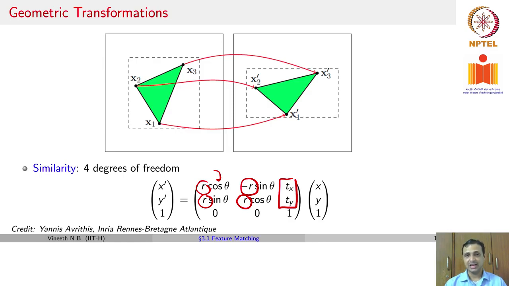When we say size or scale, remember, it would correspond to zoom in or zoom out in terms of the camera parameters. So now you have r, theta, tx and ty, 4 degrees of freedom in this geometric transformation.